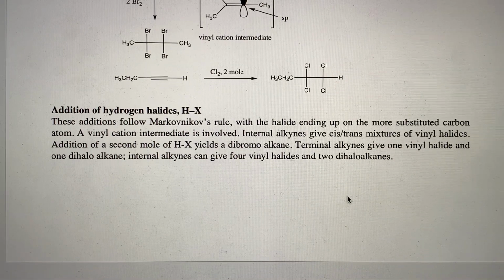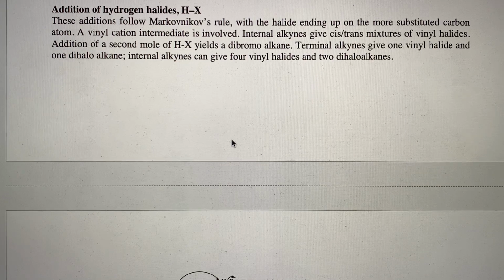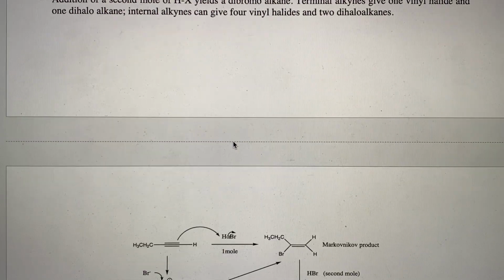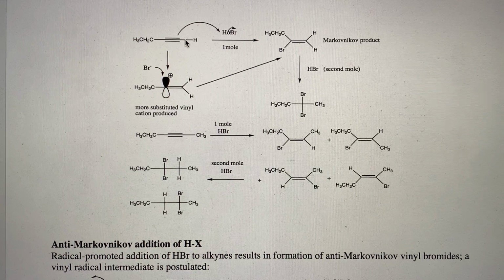Now, adding hydrogen halides, not acid, I'm sorry, hydrogen halide, it's going to be tricky because where does the hydrogen go and where does the X go, right? It's going to follow Markovnikov, just like alkenes. So the hydrogen will be added to the terminal carbon, the carbon with more hydrogens. Here the terminal carbon has one hydrogen, so it's going to be added there, because that forms the more substituted cation, and the more substituted, or internal, is more stable.